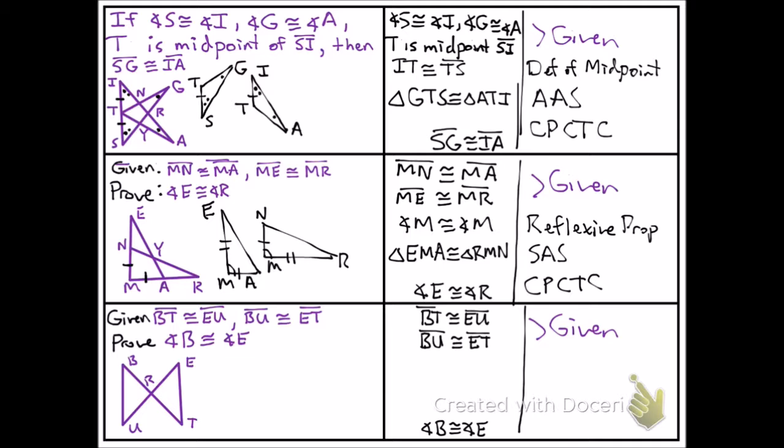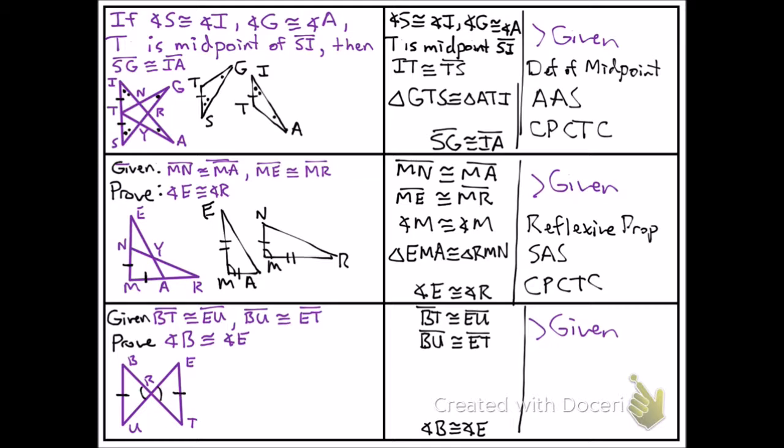Last one, we have BT is congruent to EU, and BU is congruent to ET. So what that means, let's look here. BU and ET, we know those are congruent. We know we have vertical angles.